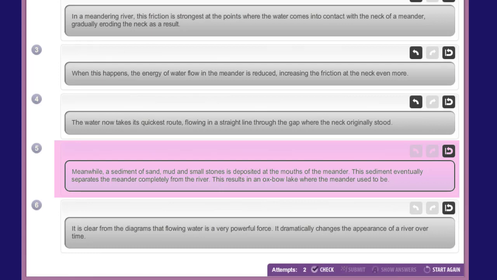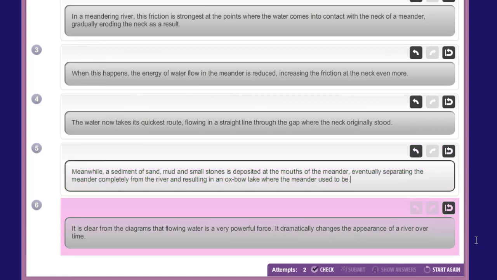Meanwhile, a sediment of sand, mud, and small stones is deposited at the mouths of the meander, eventually separating the meander completely from the river. Because you cannot use 2 commas like this, it would be very awkward. You can use the conjunction and here, and resulting in an oxbow lake where the meander used to be.